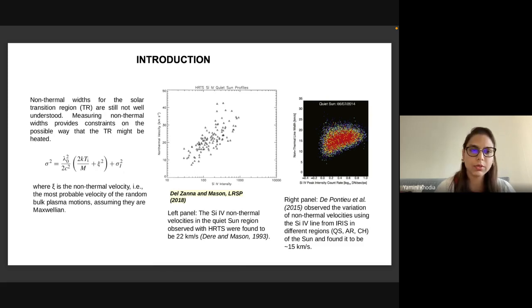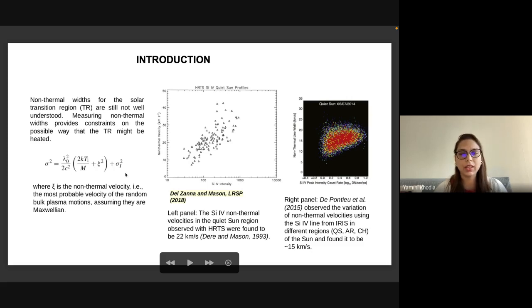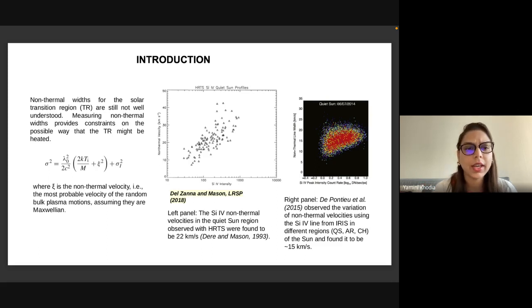So we use these two values as fixed values, just to stay consistent, let's say. And then we calculated the non-thermal velocity. We just subtracted those two values from the observed width of the Gaussian. Okay, thank you.